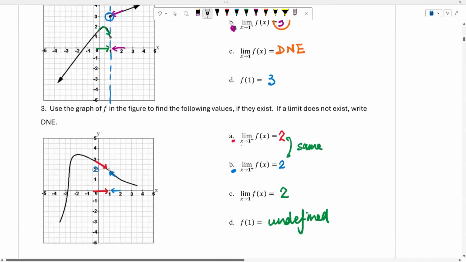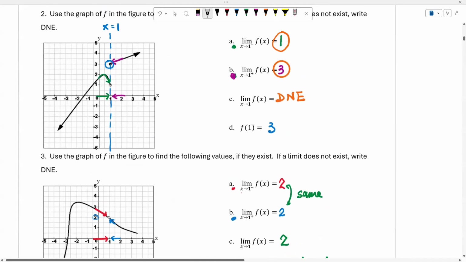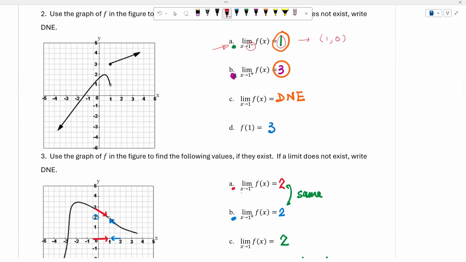Now you will see that when we work with limits, let us look at this example right here. You could consider that at 1, 1 there is a point that is open.